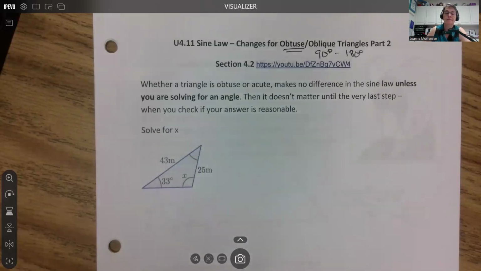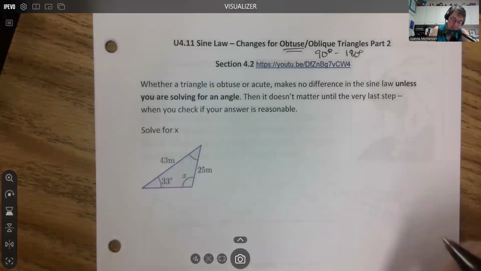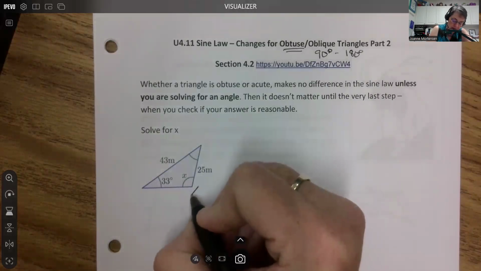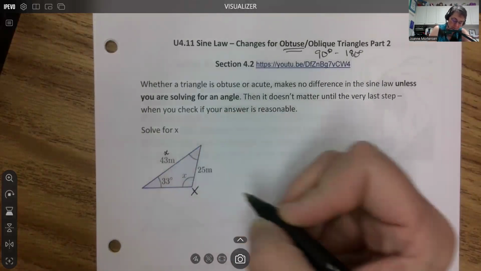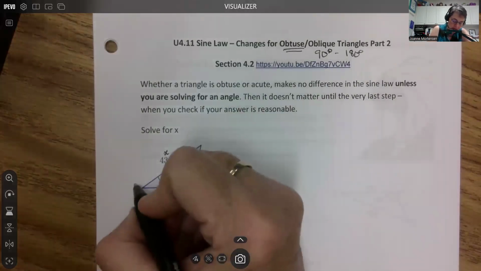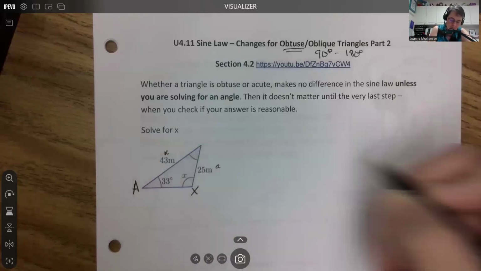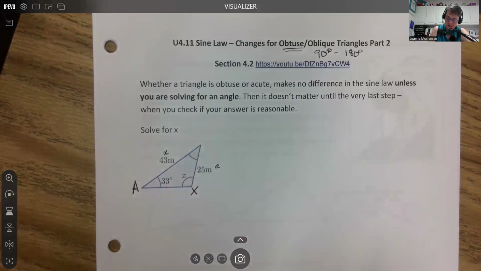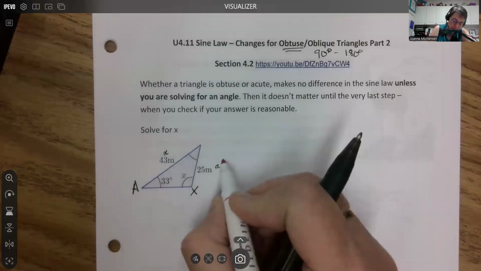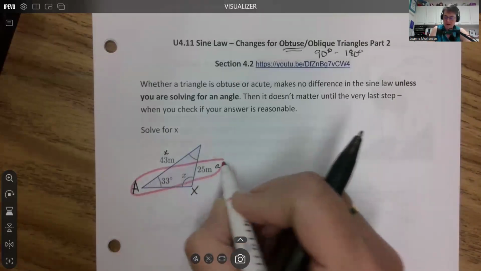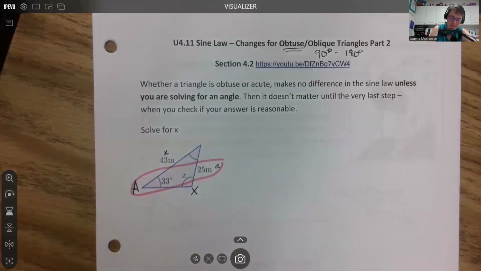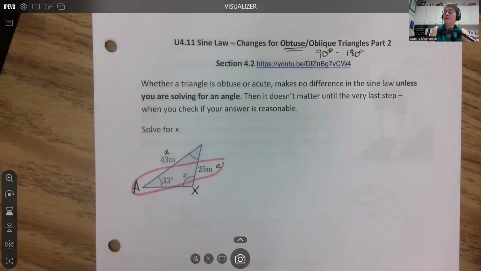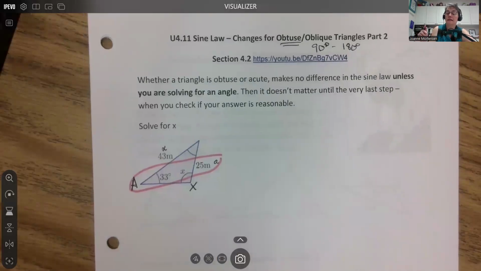Okay, so this must be angle X. Make this little x, and we'll call this A and little a. So let's just do the magic. There's my beautiful matchy-matchy pair. You're going to be so sick of it, but we're going to flip to the cosine law in a little bit.